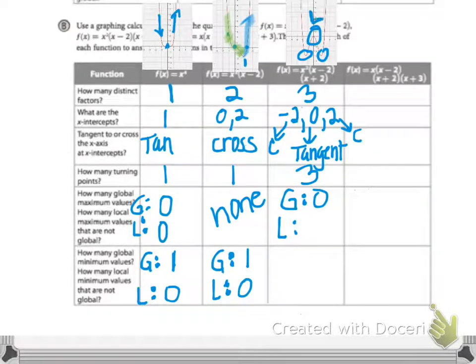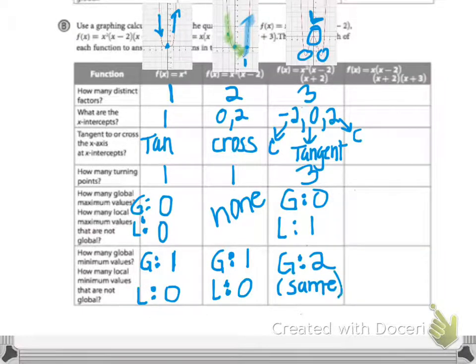And then there are 2 minimums that look to be exactly the same. We'd have to know for sure, but it looks to me like there are 2 global minimums, which is unusual. Usually you can't have 2 absolutes of something, right? But because they're the same, we can just put same.